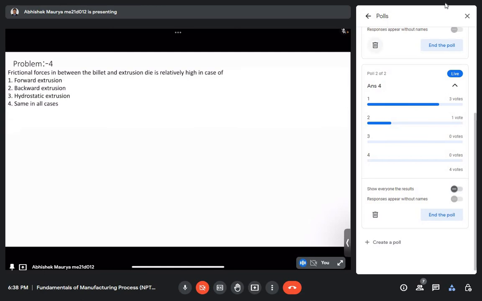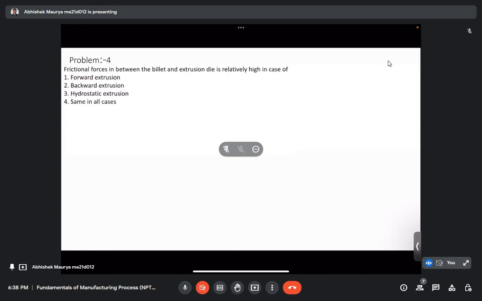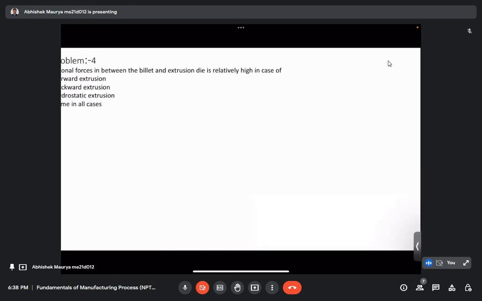Yeah, most of you have got the correct answer. So let's quickly discuss it for others. It is being asked that the frictional forces between the billet and extrusion die are relatively high in the case of.